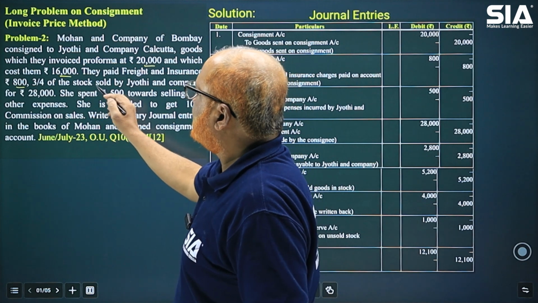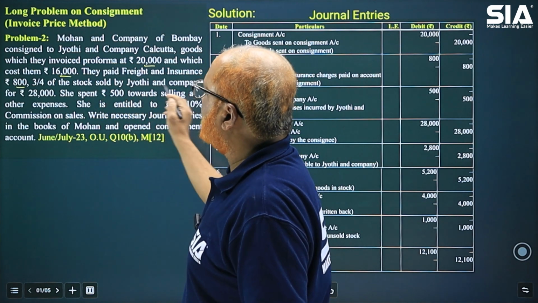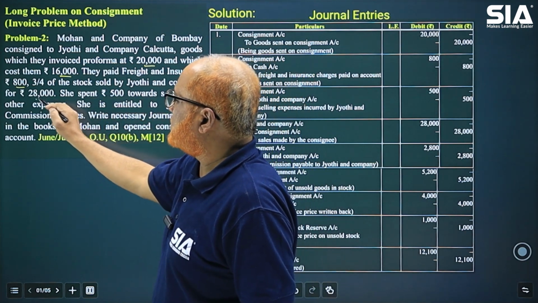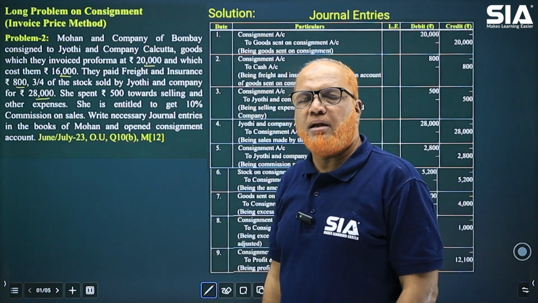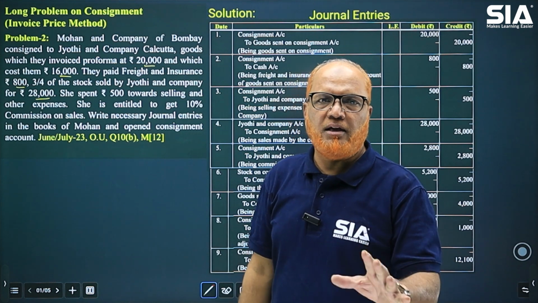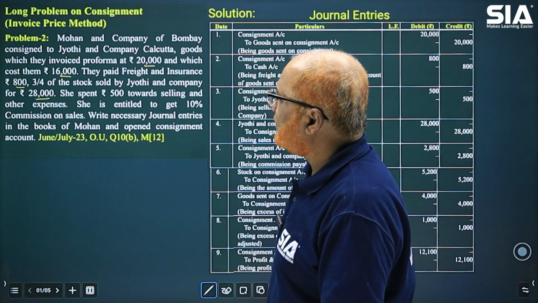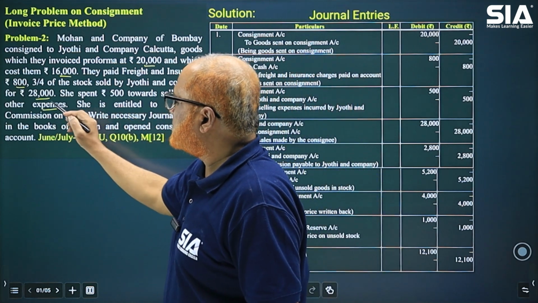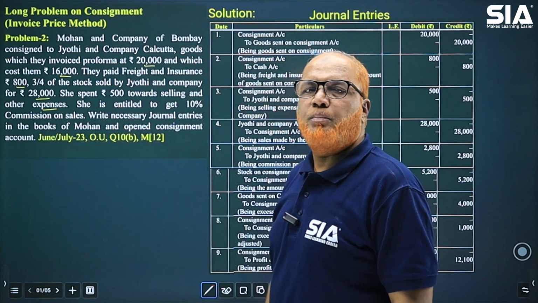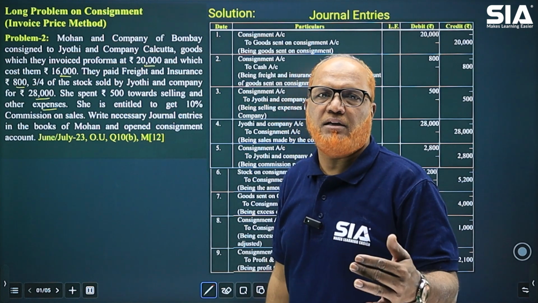Then 3/4 of the stock sold by Jyoti and Company for 28,000. 3/4 of the goods are sold by the consignee. Remaining 1/4 goods are in stock. She spent 500 towards selling and other expenses. So here 500 rupees are spent by the consignee.